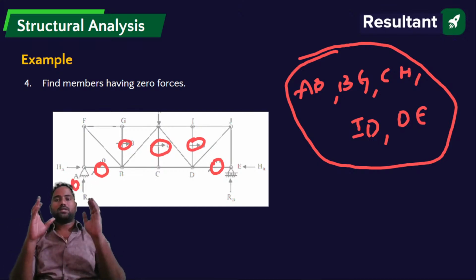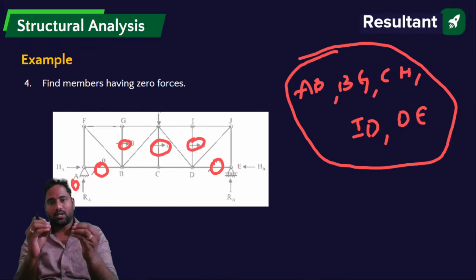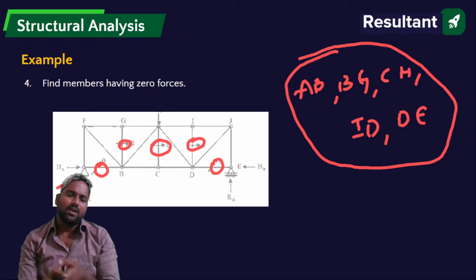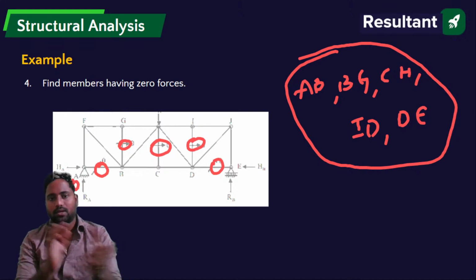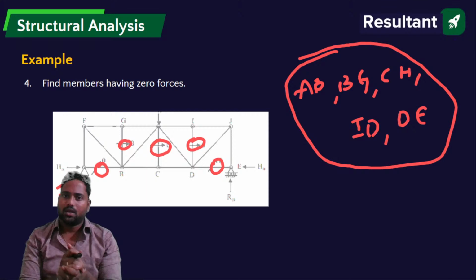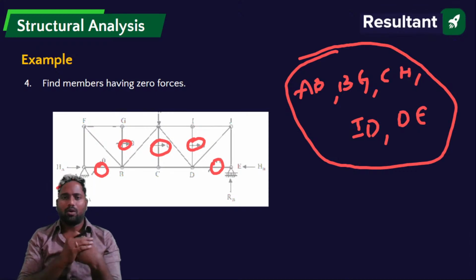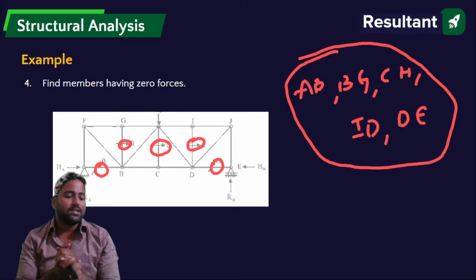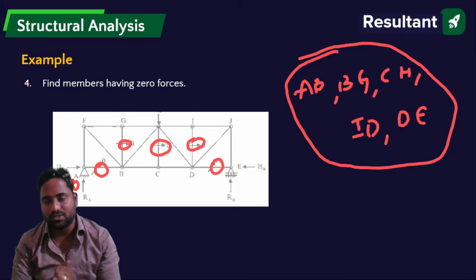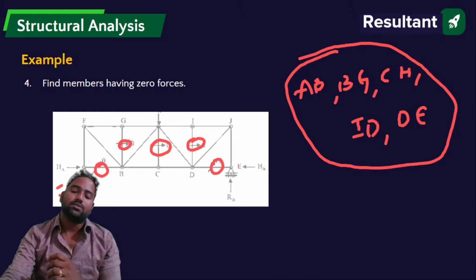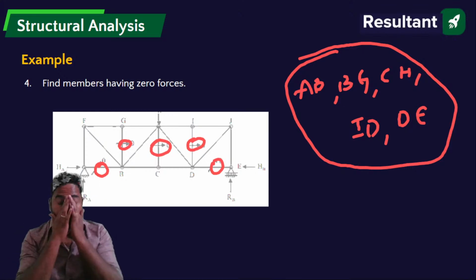Where 3 members are meeting at a joint, out of which 2 are collinear, the force in the third member is 0. After that, using equations of equilibrium at joints A and C, I found AB and ED equal to 0. This is how you find members with 0 forces.